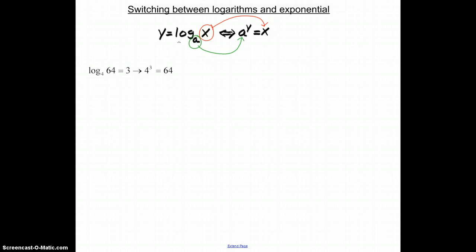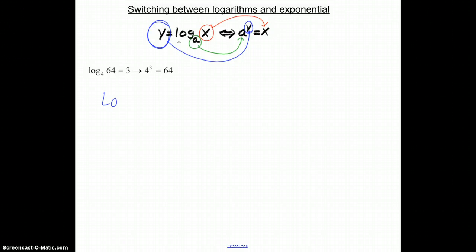But the biggest connector is the answer of a logarithm: what a logarithm of a quantity equals is the exponent. A to what power gives you the quantity you're taking the logarithm of.